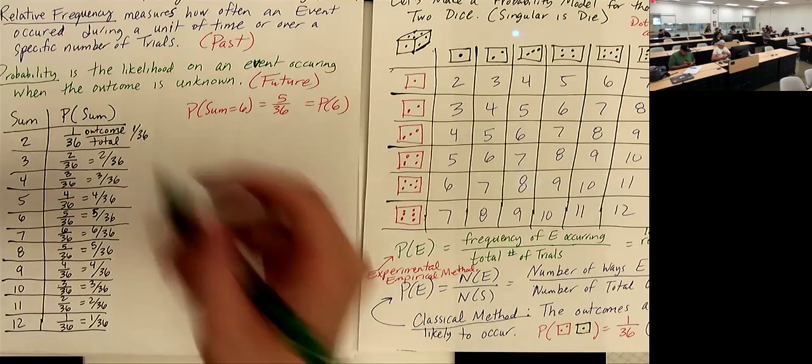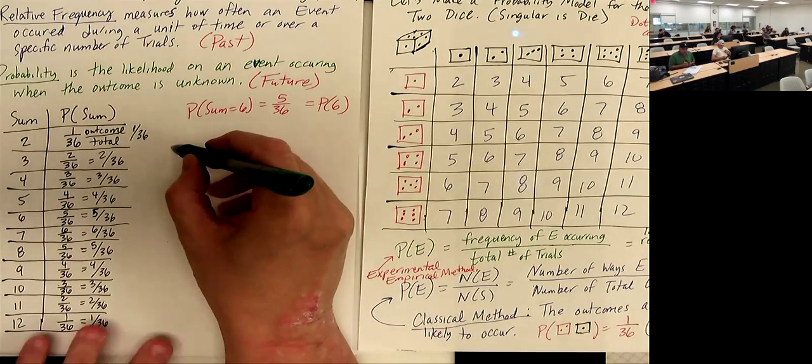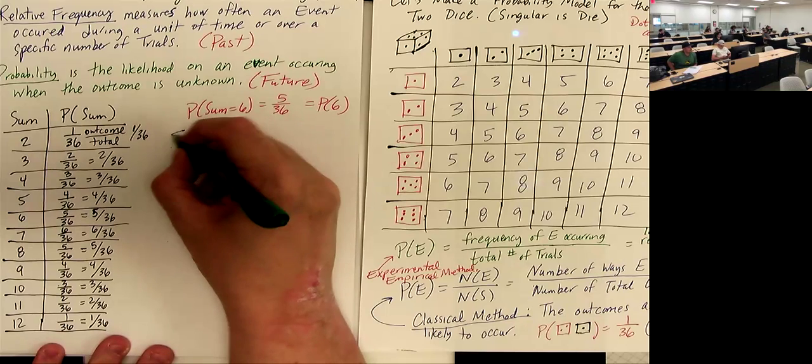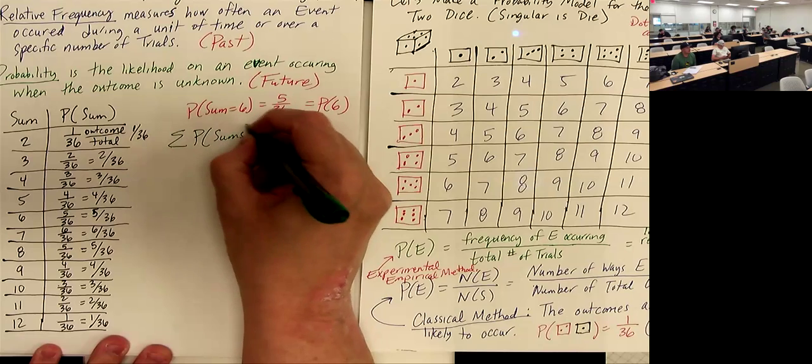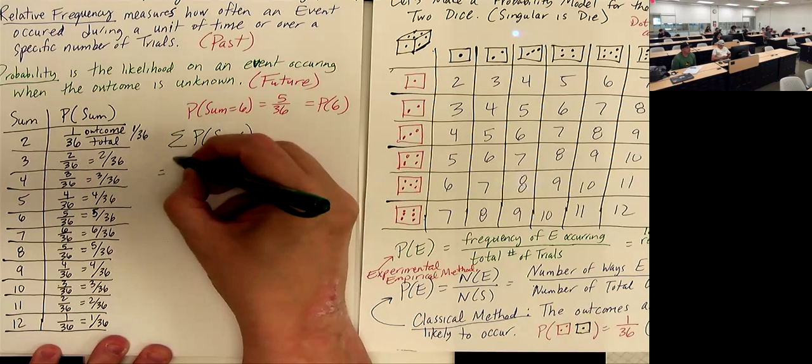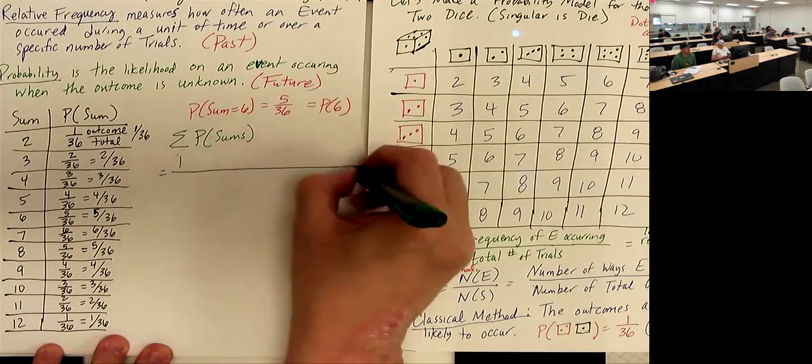So if we add these up, and they all have a common denominator, if I add up the probability of my different sums, it's all one big fraction.